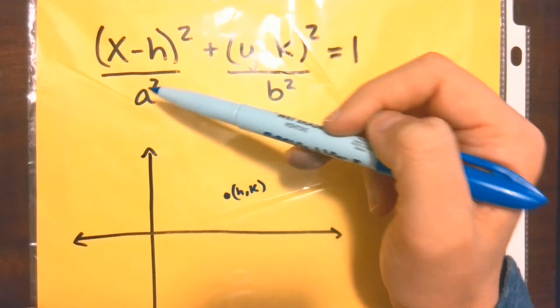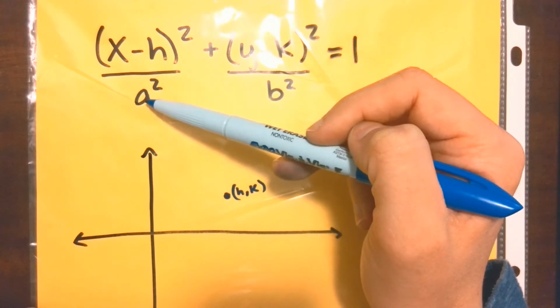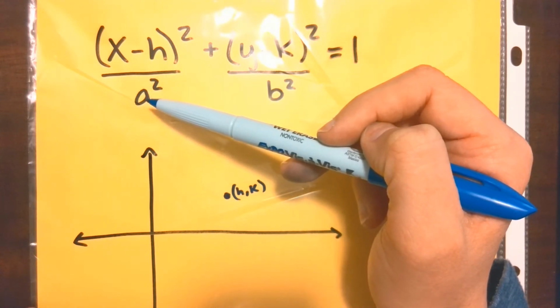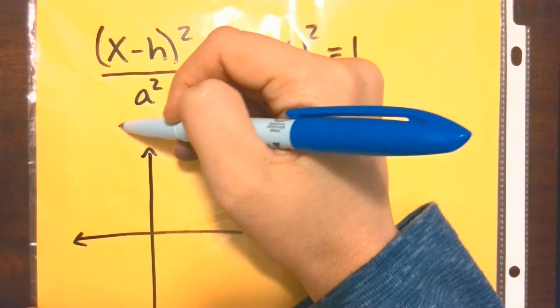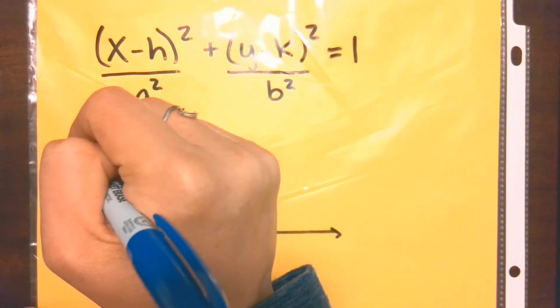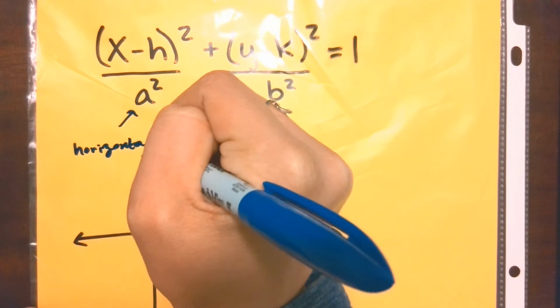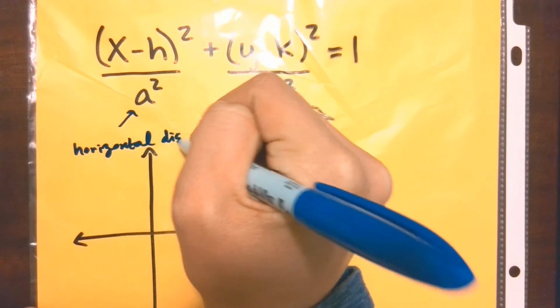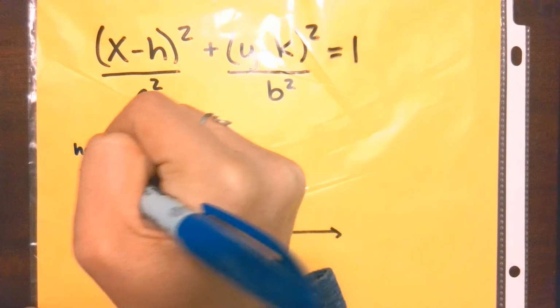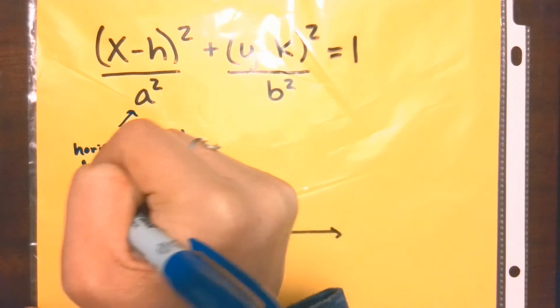That's just nonsense. Whatever is underneath the x is going to control your left and your right distance. So this a value, we can just say is the horizontal distance from center.